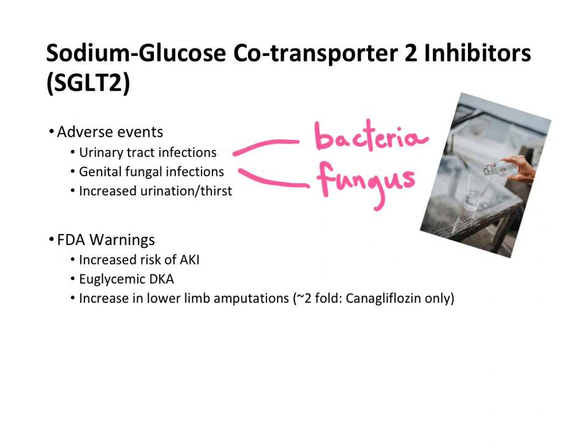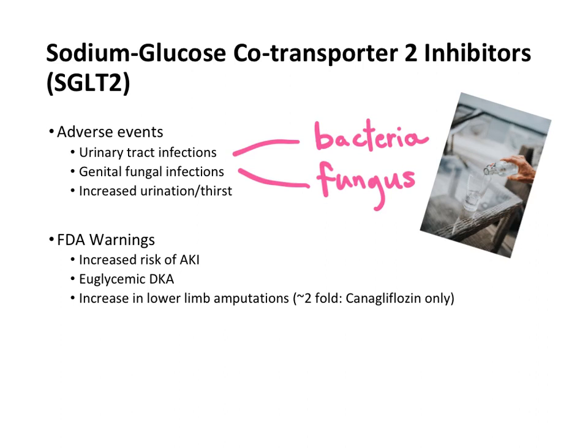There are some odd warnings related to the SGLT2s. The FDA has applied some warnings related to the increased risk of acute kidney injury because we're dumping a lot of glucose into the urine. A lot of glucose is going through the kidneys, and therefore there's risk of injury to the kidneys.